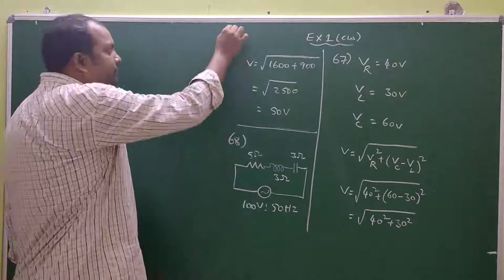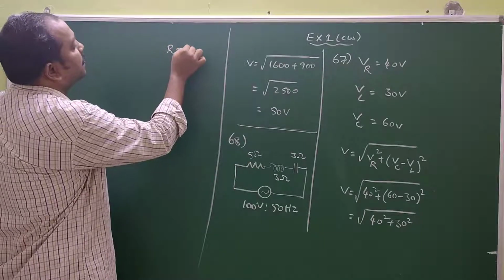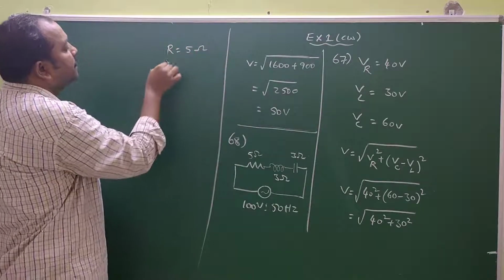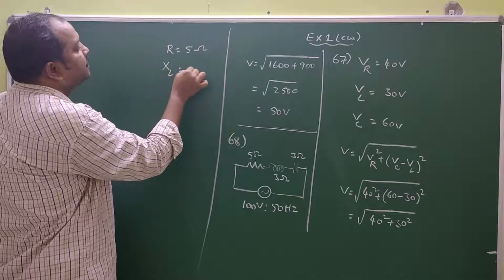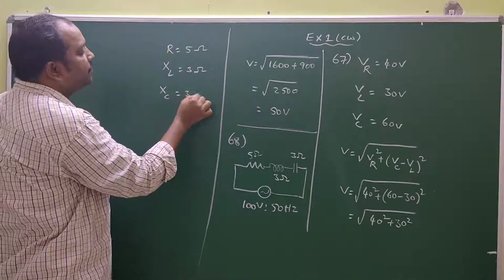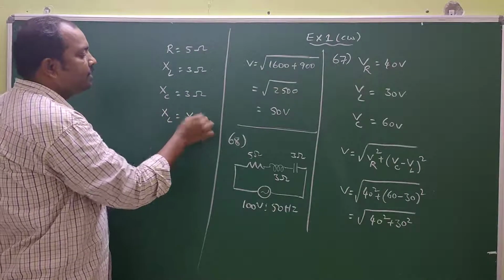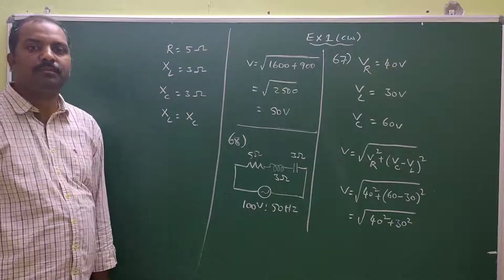Just observe, from this diagram resistance R is equal to 5 ohm, inductive reactance is 3 ohm and capacitive reactance is also 3 ohm. Here the inductive reactance and capacitive reactance are both equal.